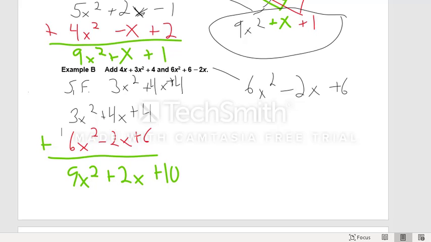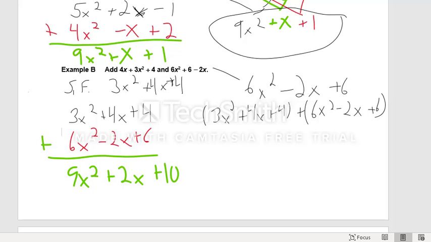All right, be very careful that you're paying attention to all of your negatives. It does make a big difference in this section. Okay, if we're going to do this horizontally, 3x squared plus 4x plus 4 plus 6x squared minus 2x plus 6.